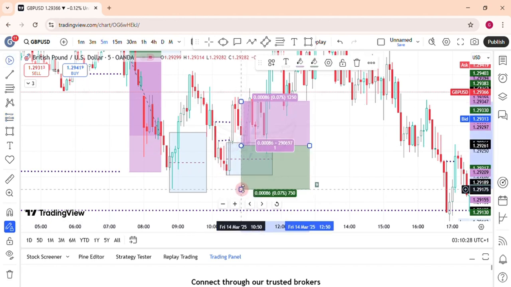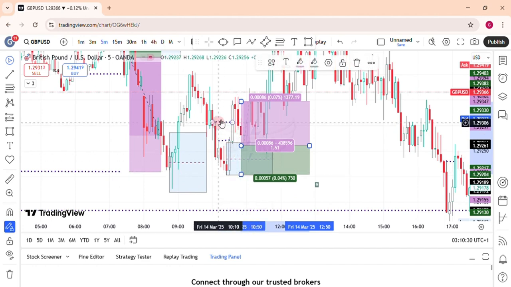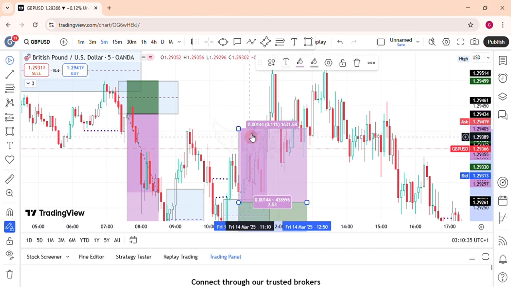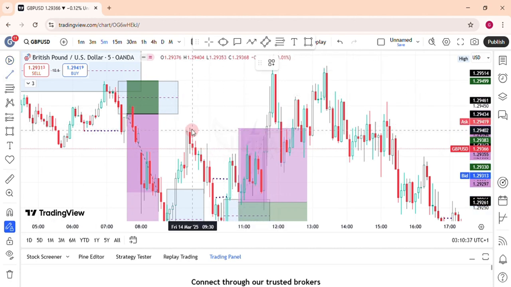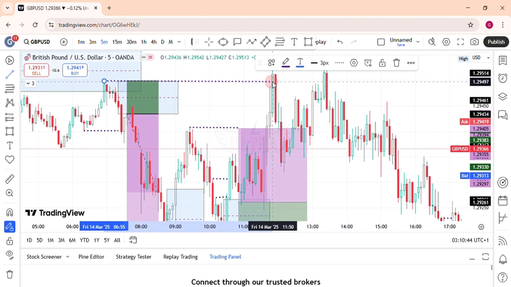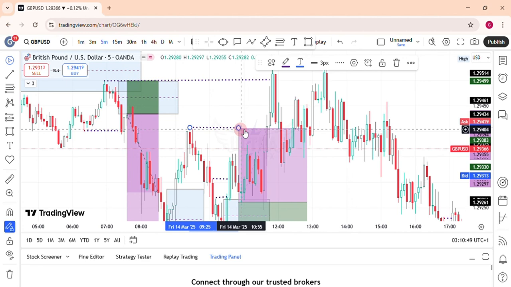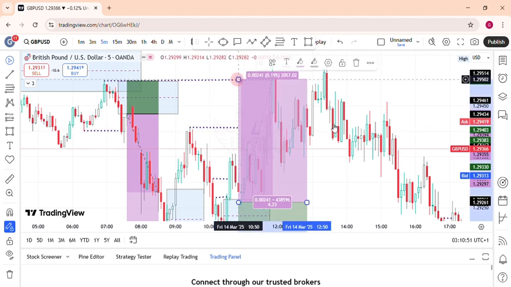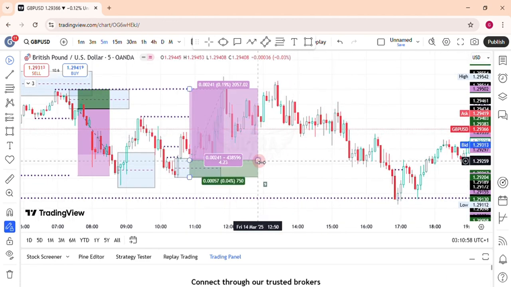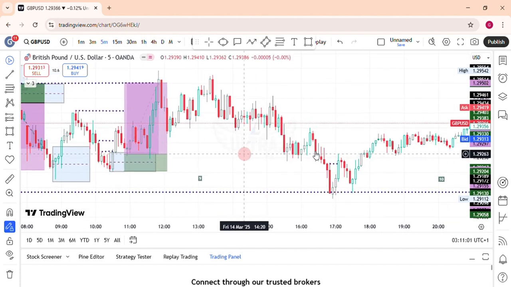Our stop loss should be below this order block here, and our take profit should be at this high here. This one should be our take profit, or this one right here. So this is either your take profit here or your take profit here, and this should give you a risk reward of 4.23 ratio. So that is our number 9 trade for a bullish move.